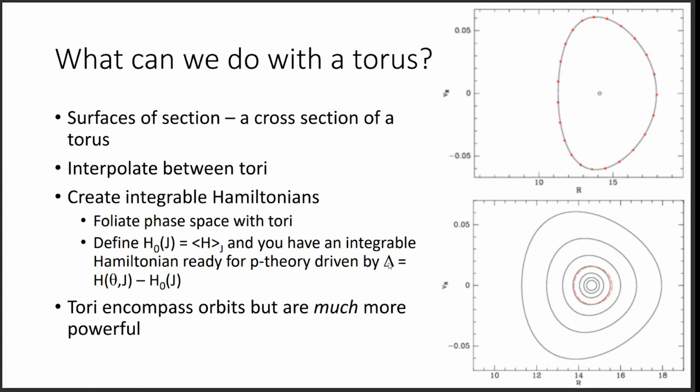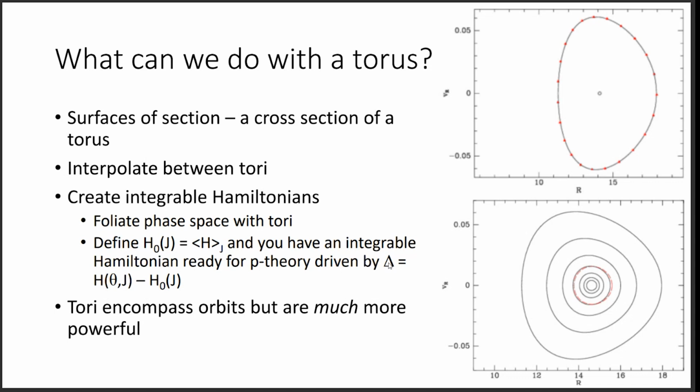What else can you do with your torus? Well, you can construct surfaces of section in a flash. So here's an example. This is an R-vR plane. The curve is being drawn from a torus fitted to certain actions, and then the red points are obtained by numerically integrating the orbit, using as initial conditions one point on the torus, and you can see that the numerically computed consequents do indeed lie on the curve.